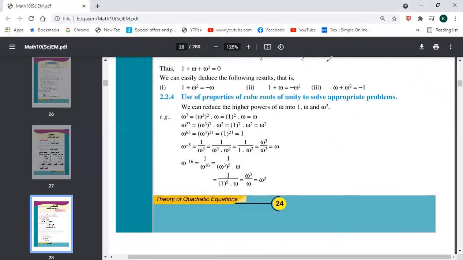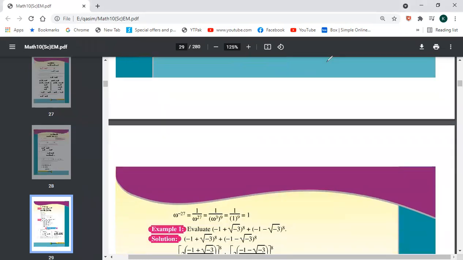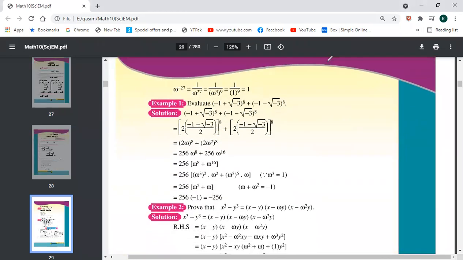Now there must be some evaluation. Evaluate (minus 1 plus under root minus 3) power 8 plus this one. So how to evaluate?